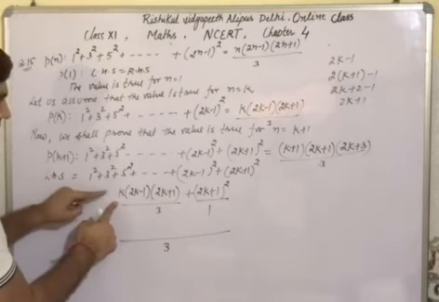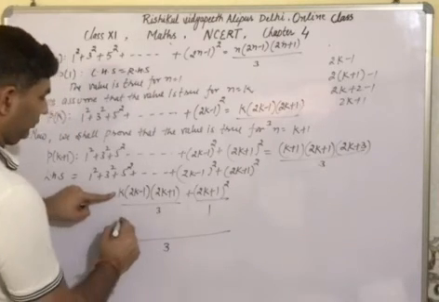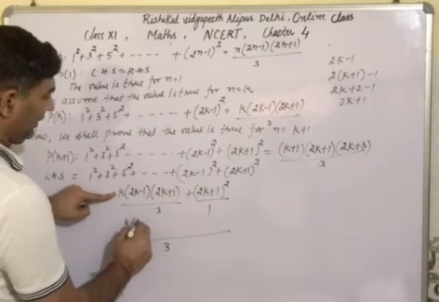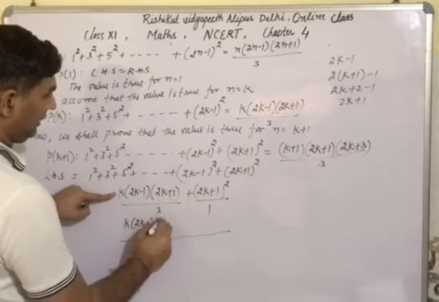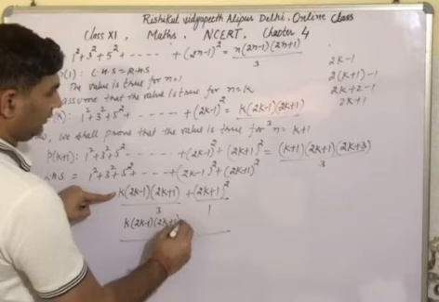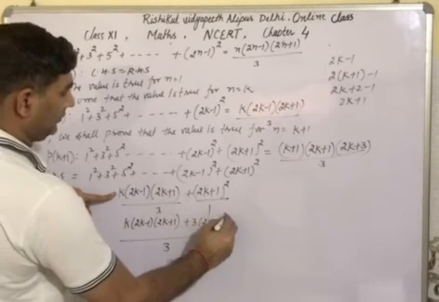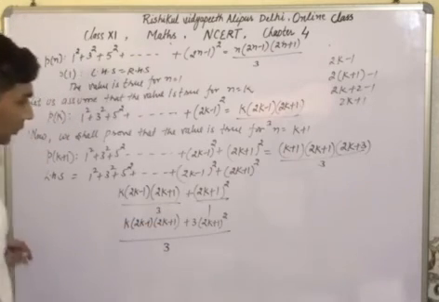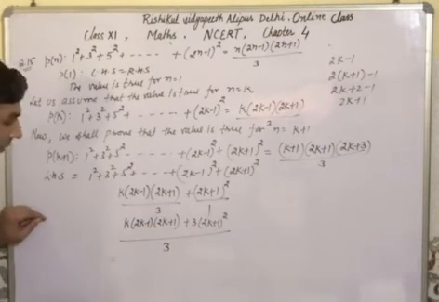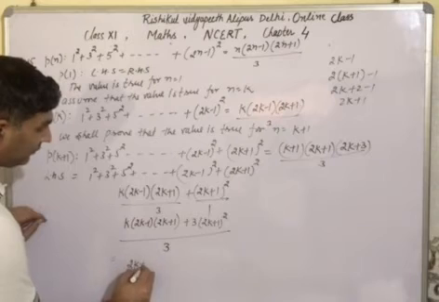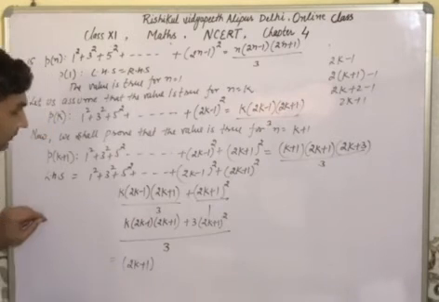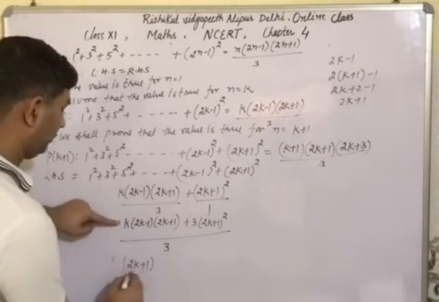This value: k into 2k minus 1, 2k plus 1, and plus 3 into 2k plus 1 whole square. In this complete term, 2k plus 1 is the common term, and then upon 3.